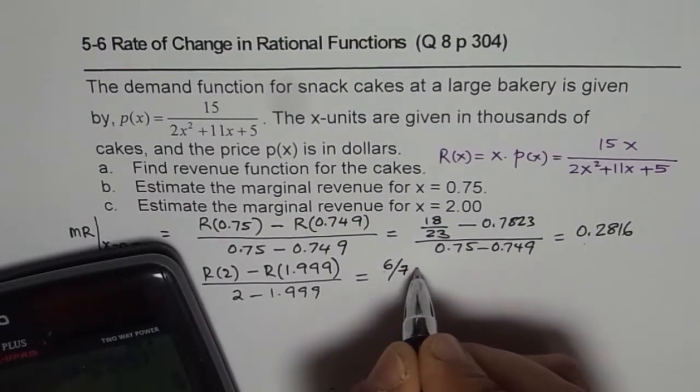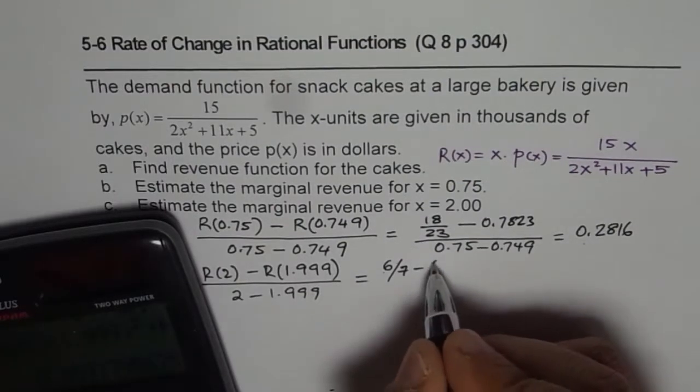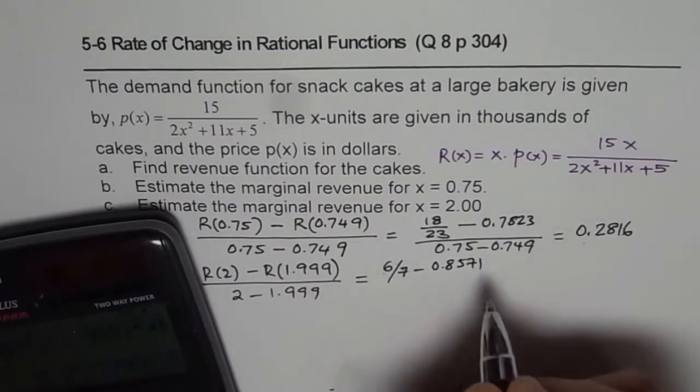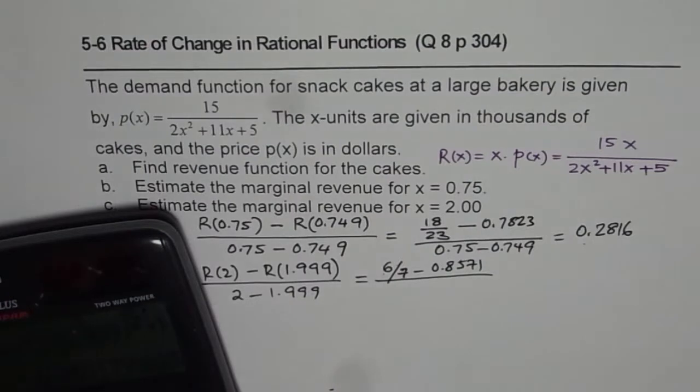Let me write 6 over 7 minus, now this time we'll do it with 15 times 1.999 divided by, within brackets, 2 times 1.999 squared plus 11 times 1.999 plus 5, bracket close, equals, it gives me 0.8571. Since it's a big number, I prefer to do the calculation once again, right?